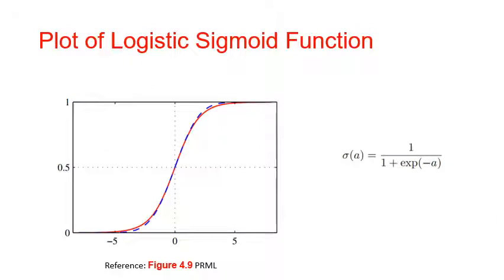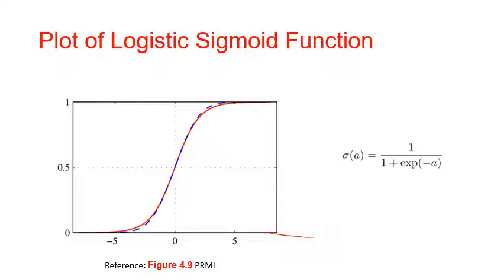If you see this sigmoid function, it sandwiches all numbers from minus infinity to plus infinity between 0 and 1. Let's say on this x-axis I have all real numbers between minus infinity and plus infinity, and anytime you feed a number, it is always sandwiched between 0 and 1.